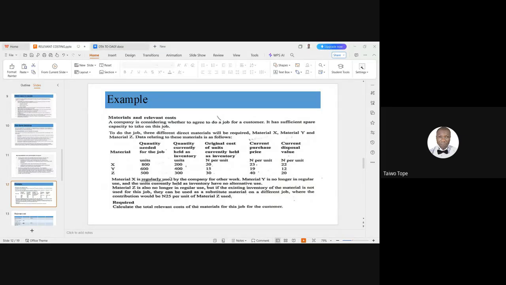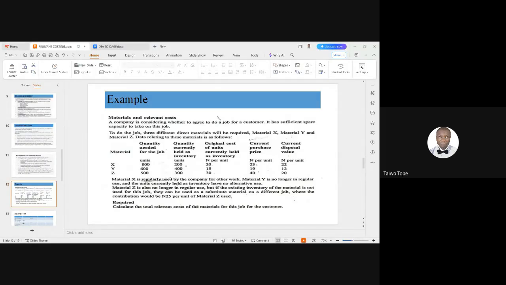And the quantity required is 800 units. When you go to the market, because it is always in regular need, at what price will you buy? At the current purchase price, which is 23 naira per unit.